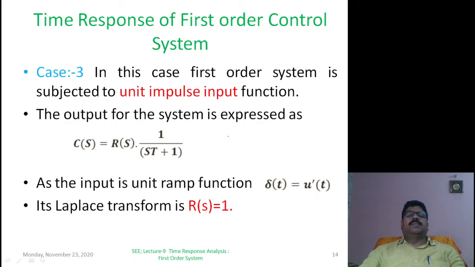Now the case number three, here the input is the unit impulse input. The Laplace transform of the impulse input is R(s) equal to 1. Putting this in the same system, R(s) equal to 1 means that C(s) will be equal to 1 upon (sT plus 1).